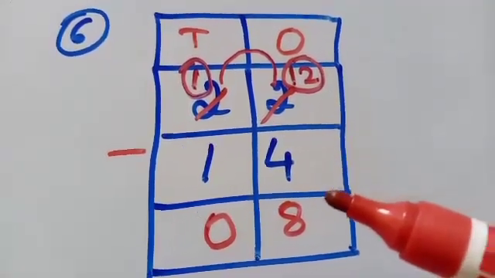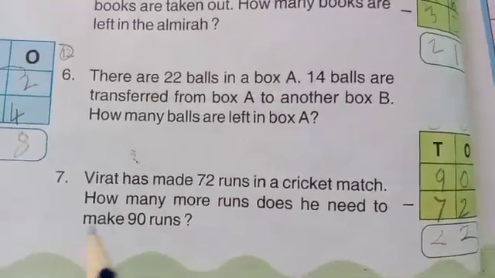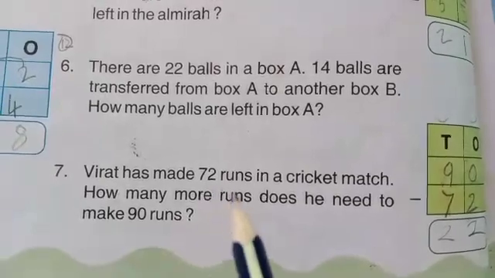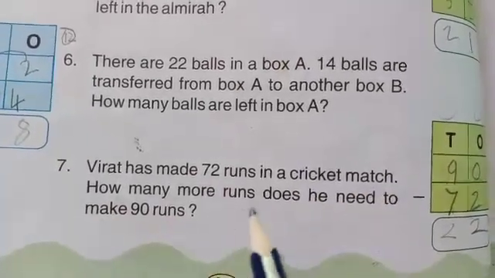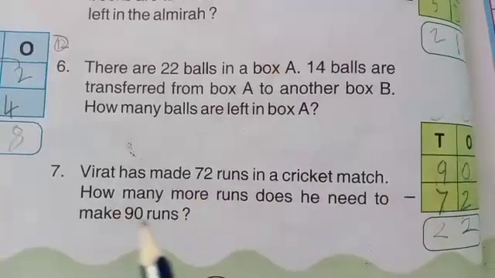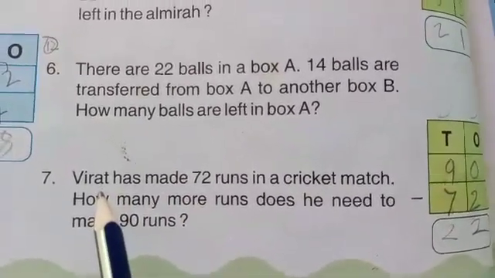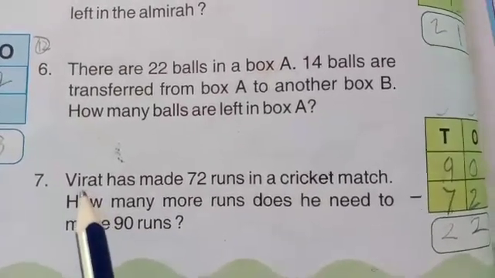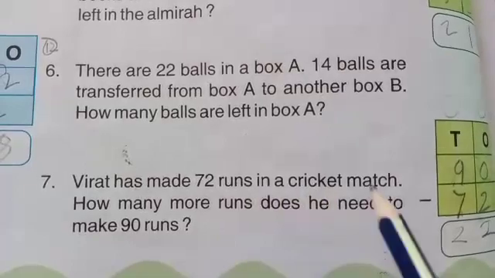Let's move to the last question. The last question is, Virat has made 72 runs in a cricket match. How many more runs does he need to make 90 runs? So, Virat, do you like cricket, children? Yes. So, Virat has made 72 runs in a cricket match.